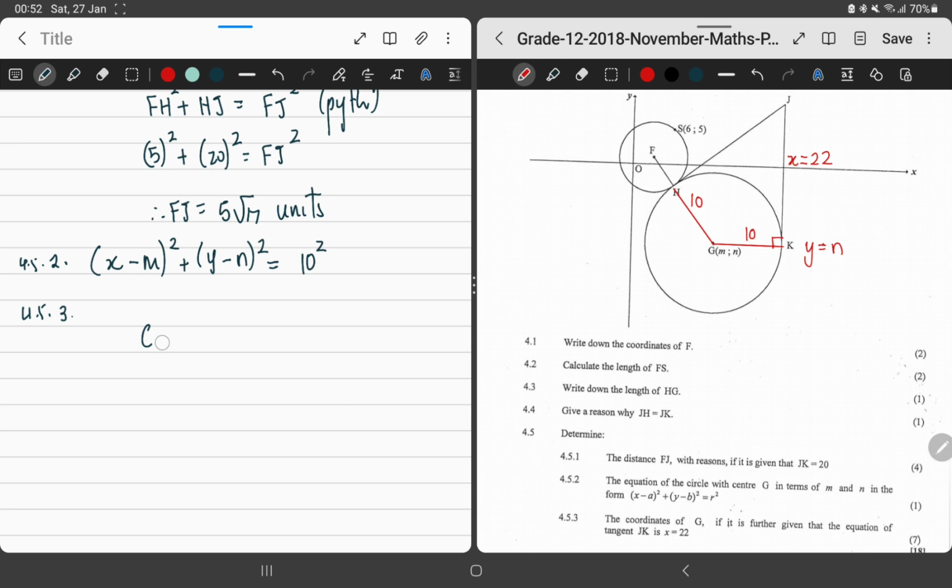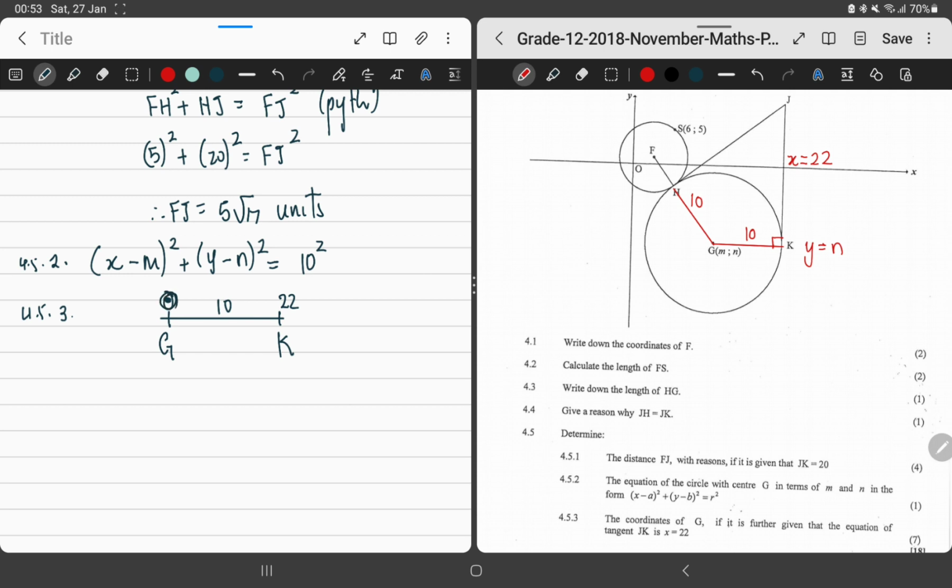So at G, this is GK. Let's think of this as a number line. Here I have the value x equal to 22. And then from G to K, that length is equal to 10. So if I want the x value there, I must say 22 minus 10.